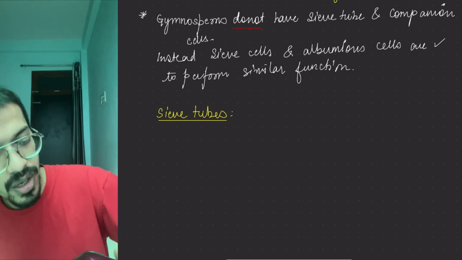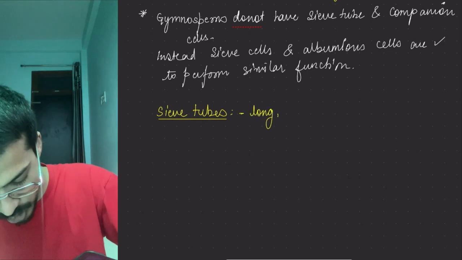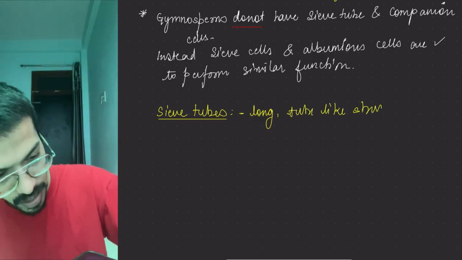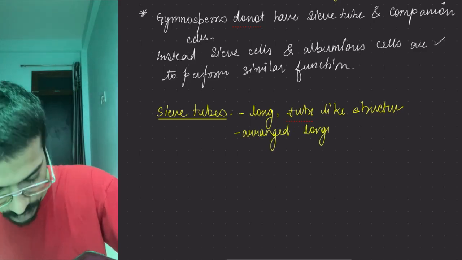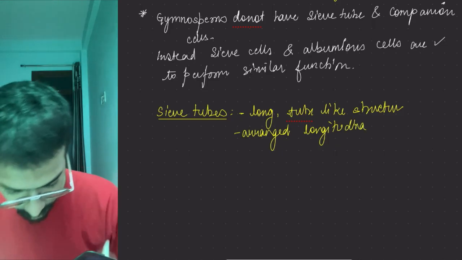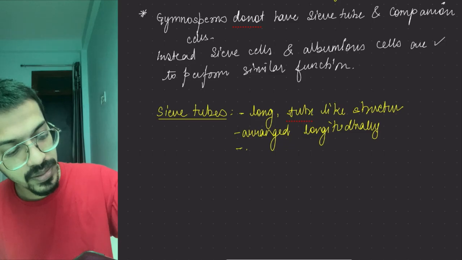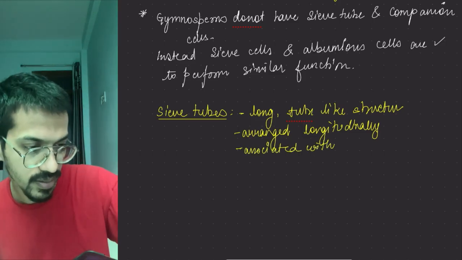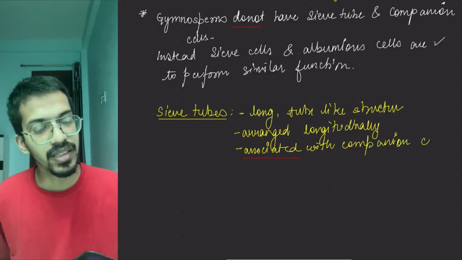So this is the one fact that we are going to study and write. Sieve tubes are a long tube-like structure arranged longitudinally, associated with companion cells, meaning companion cells will be present close to it.